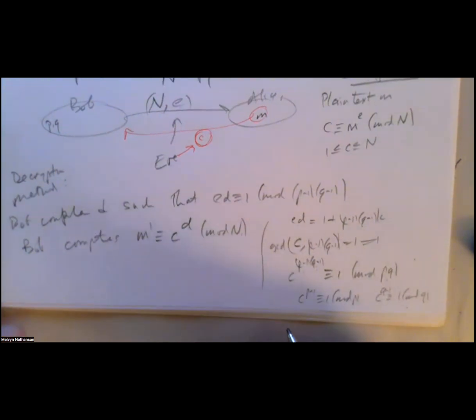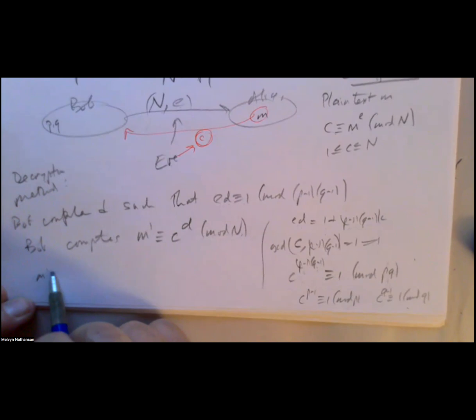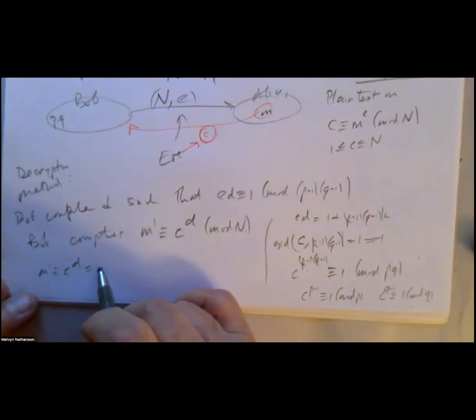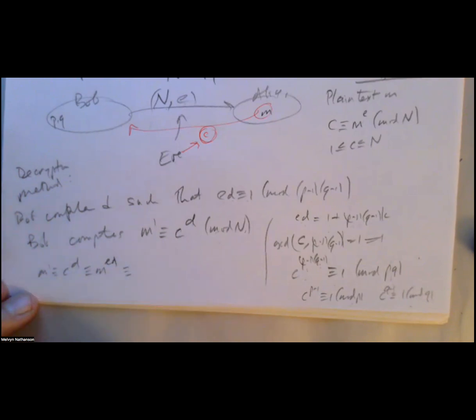The congruences. So M prime is congruent to C to the D. What is C? C is M to the E. This is M to the ED. What is ED?